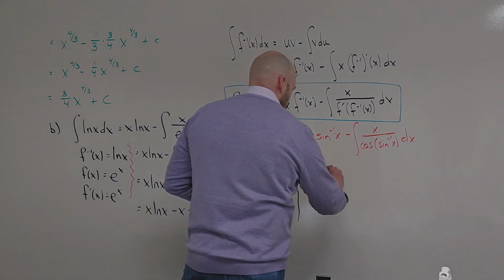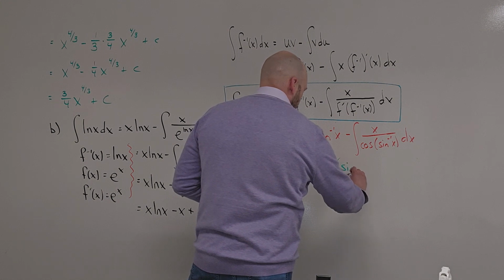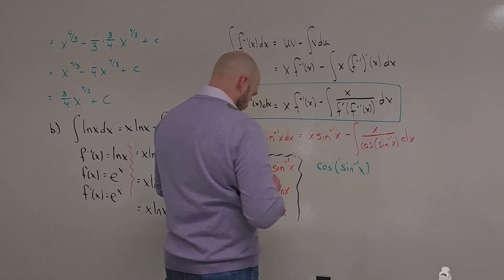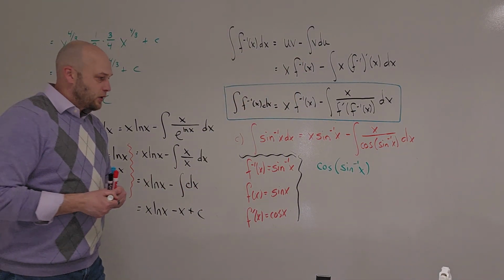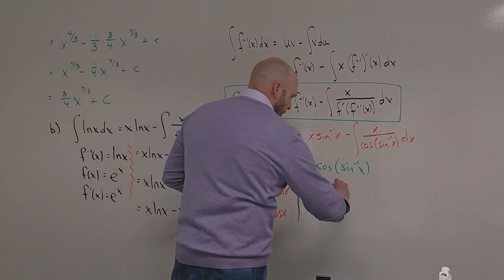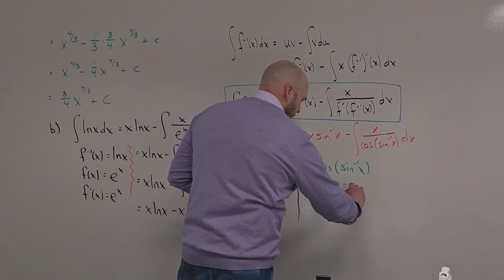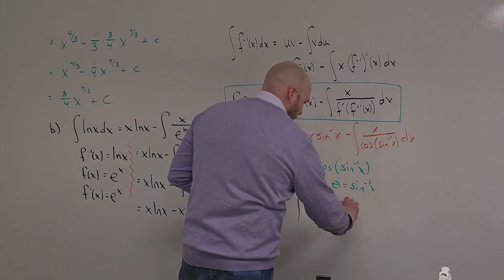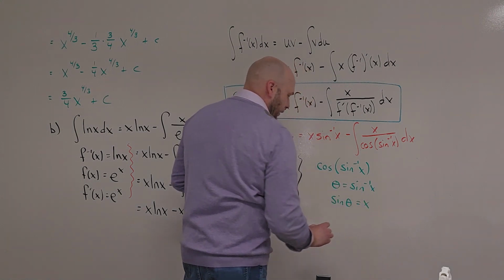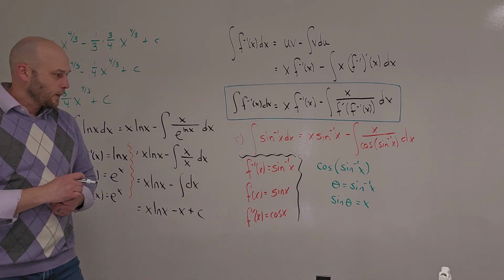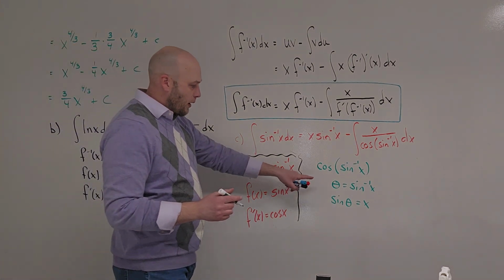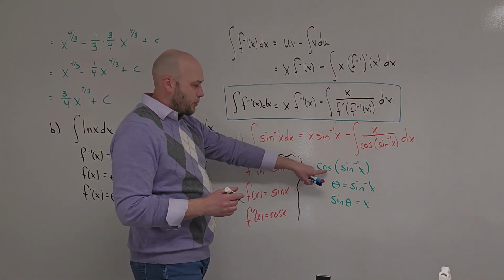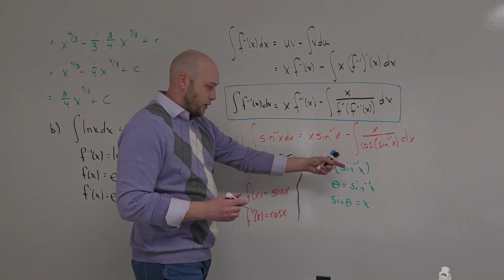Let's take a look at cosine of sine inverse. I'm going to label sine inverse as theta. So theta is sine inverse of x. That means that the sine of theta is equal to x. And what I'm ultimately trying to find is cosine of sine inverse, which is cosine of theta.